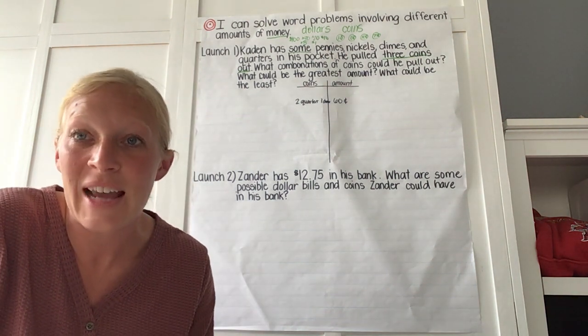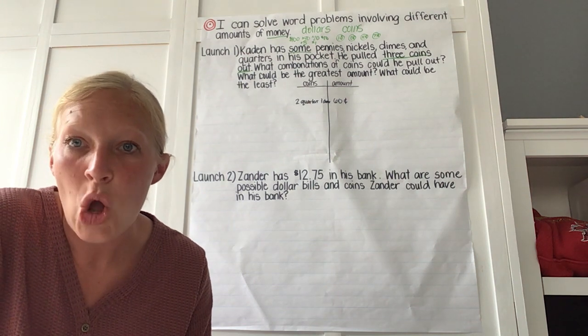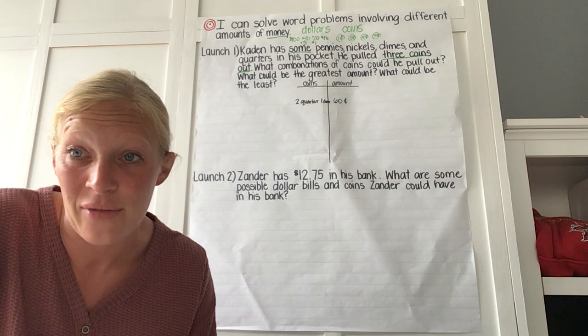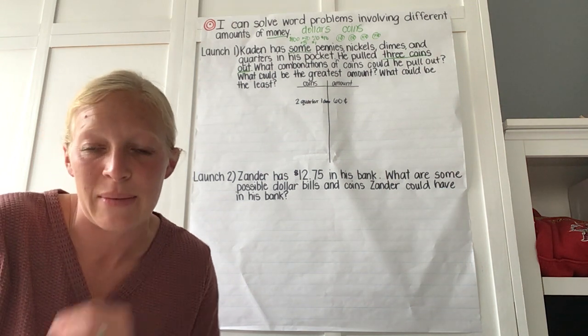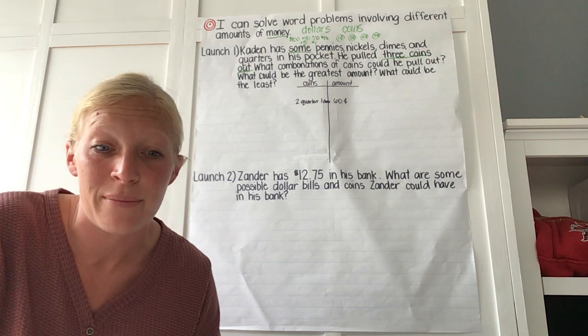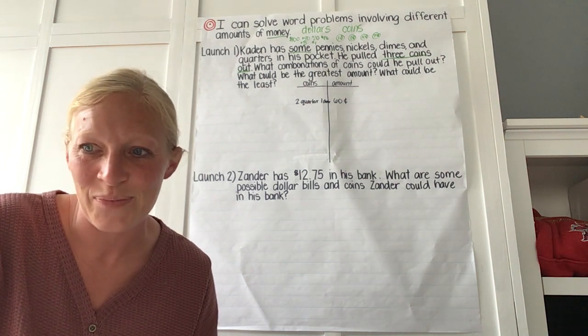And then after we come together, we're going to talk about what is the greatest amount that we found and what's the least amount that we found. What could be the smallest amount? If you want to do that first and then come up with all the combinations in between, you can do that too. Okay?